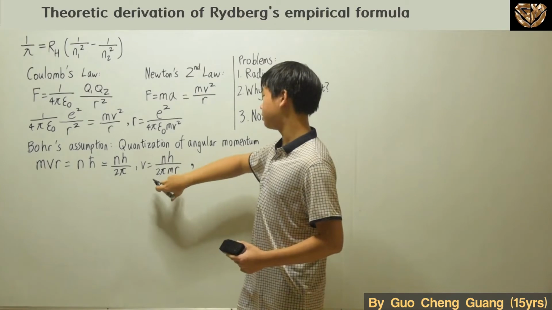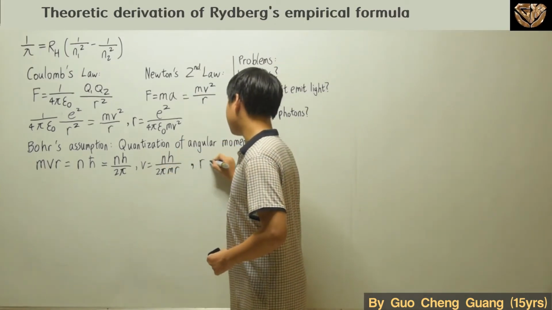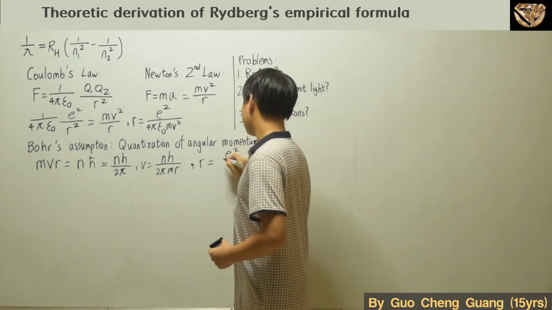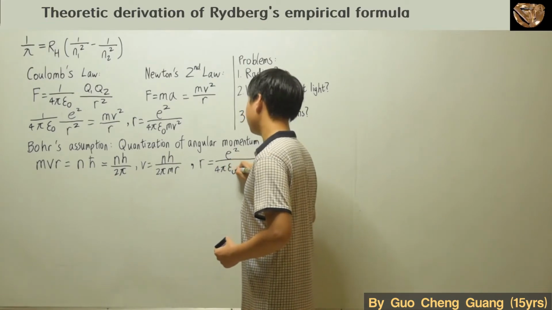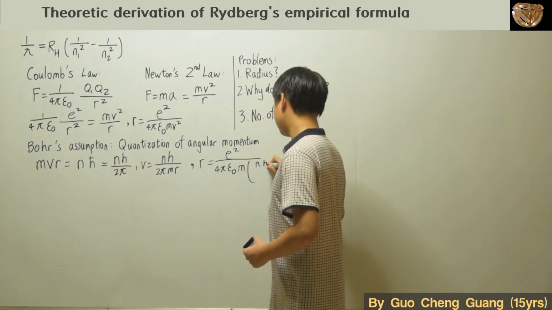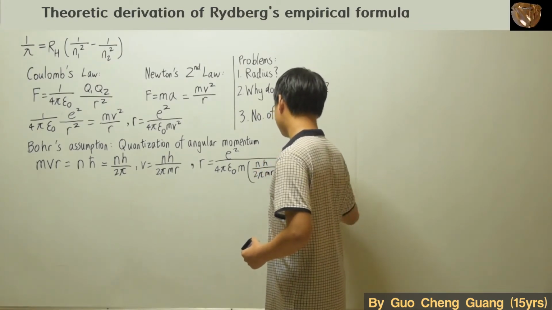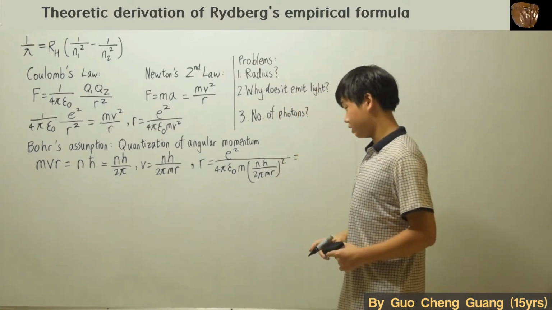Now you can substitute this part into what we had, which will give us R is equal to e square over 4 pi epsilon naught m, and h over 2 pi mr, and this entire thing squared. So what does this give us?